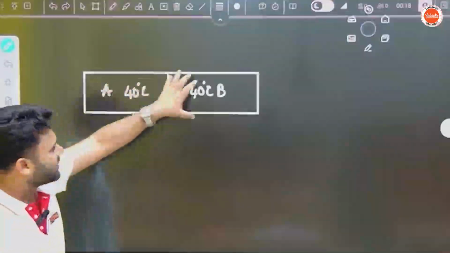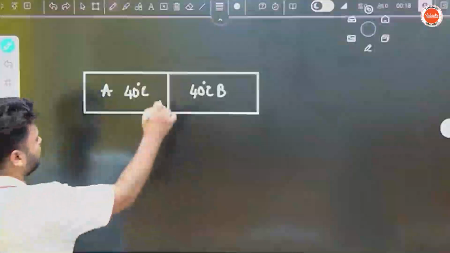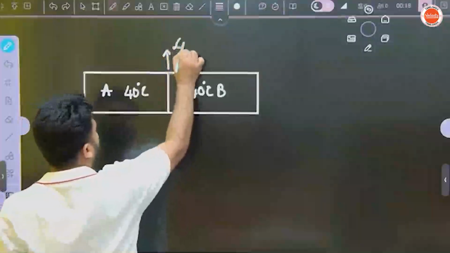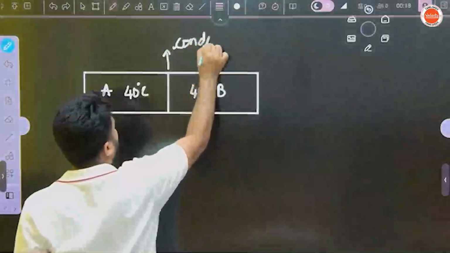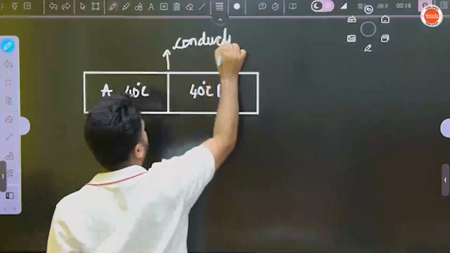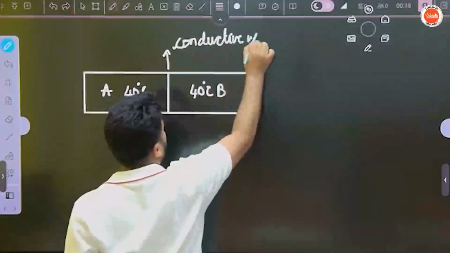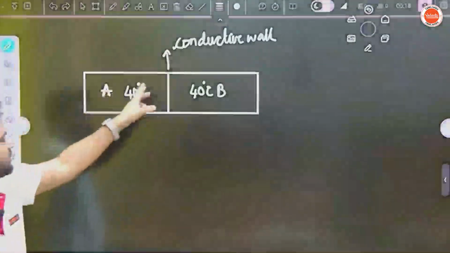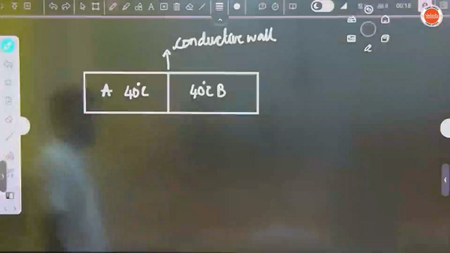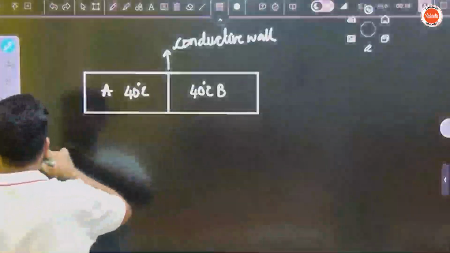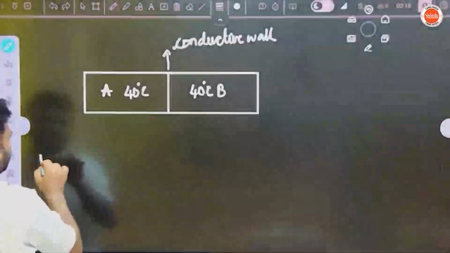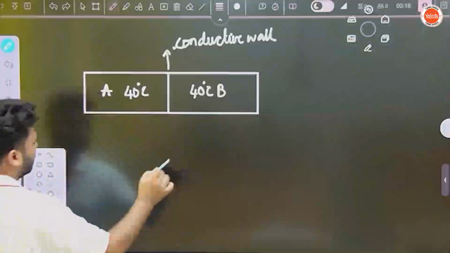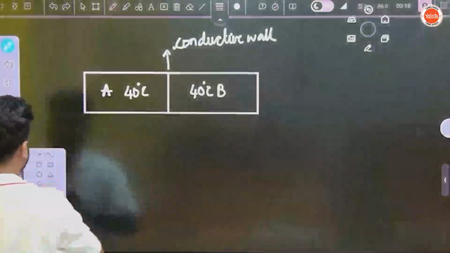So if A is in thermal equilibrium with B, remember this is a conductive wall. Conductive wall means heat can conduct, but now it will not conduct because both temperatures are the same. And body B is in thermal equilibrium with C. Suppose I draw like this.